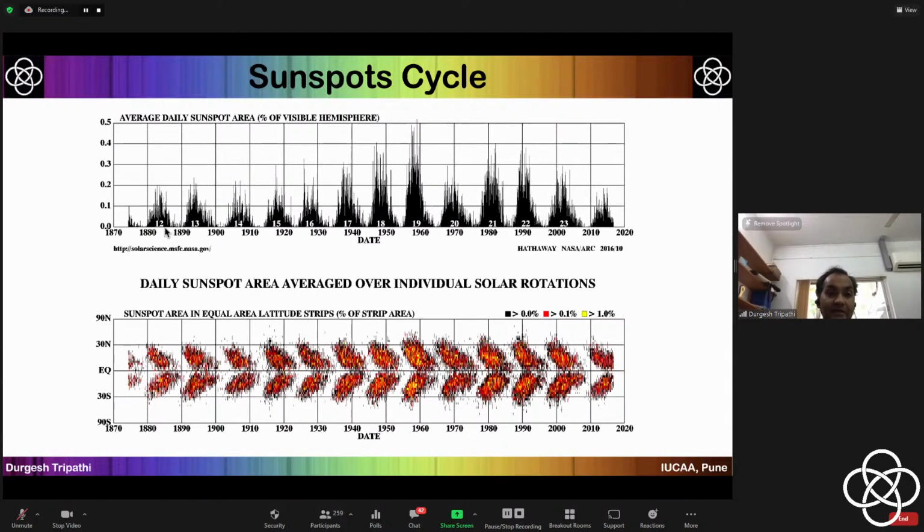And when it goes to the minimum, all the sunspots finish, and they have all migrated and joined together at the equator. The new cycle begins when again the sunspots start appearing at higher latitude. And that happens almost every eleven years and so on. Since the pattern looks like a butterfly, it's called the butterfly diagram of the sun.